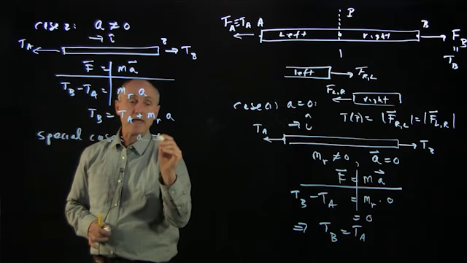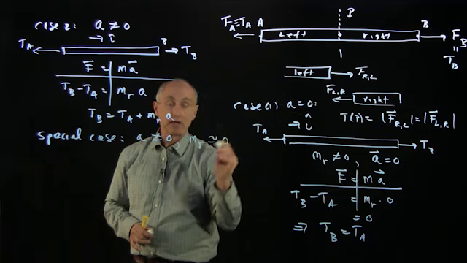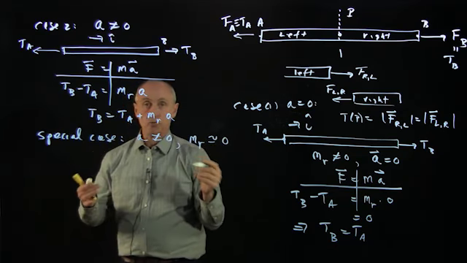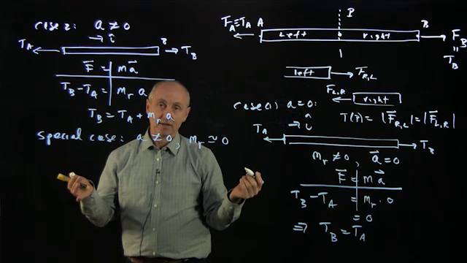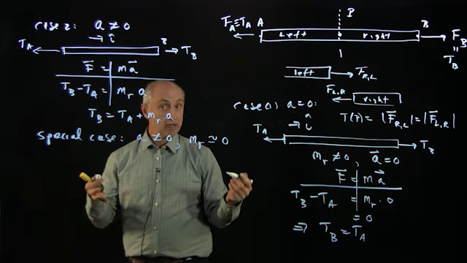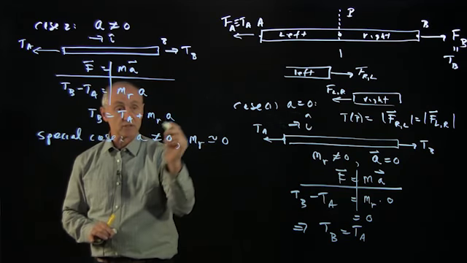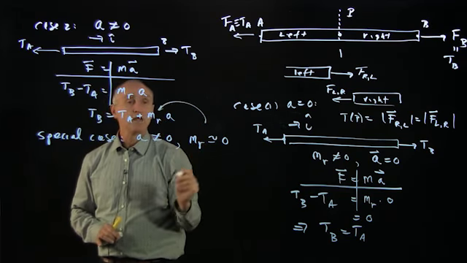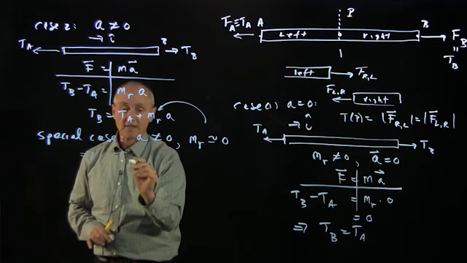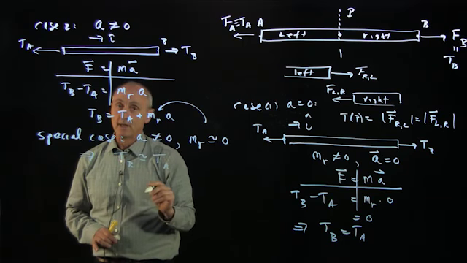Even though a is non-zero, let's assume that the mass of the rope is very small. People often call this assuming the rope is massless. Well, that's a little strange. We can say a very, very light string is often the same type of modeling. And under those circumstances, with that assumption, you see that there is no contribution here, and the tension is approximately uniform.